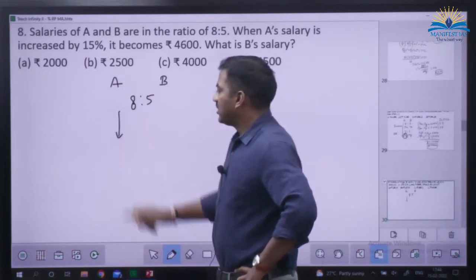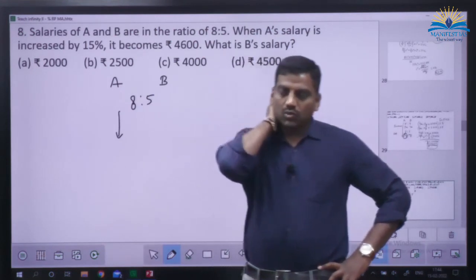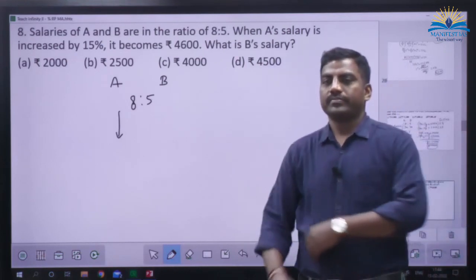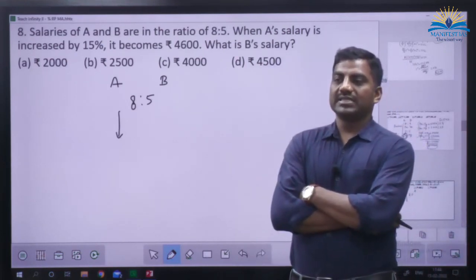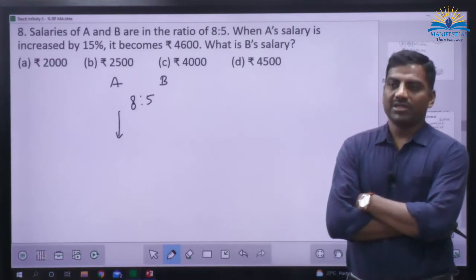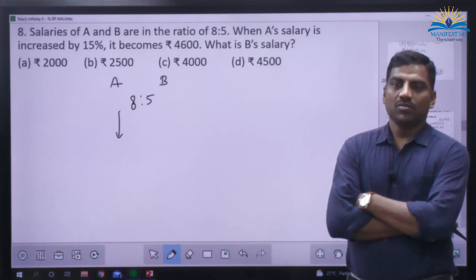What should I multiply with? I am increasing by 15%. What should I multiply with? Something is getting increased by 15%. What should I multiply with?